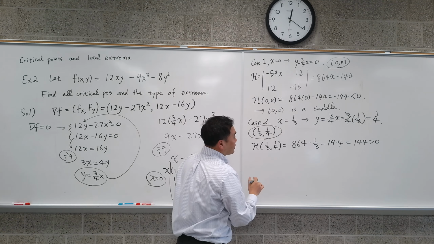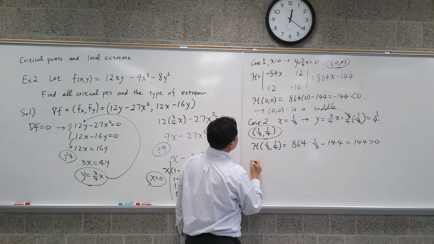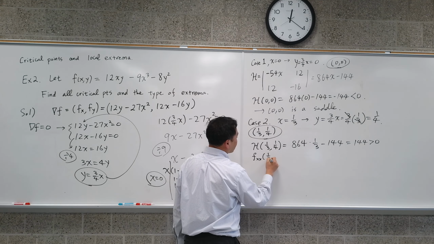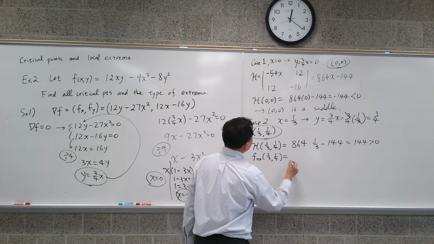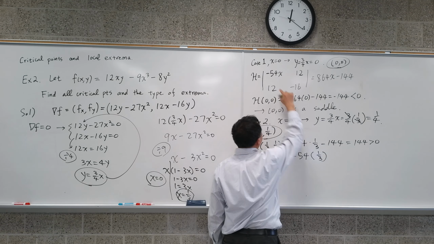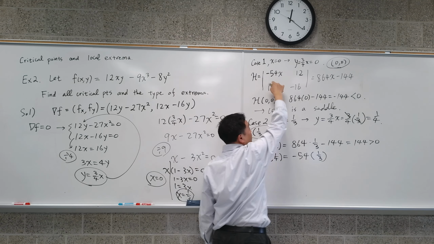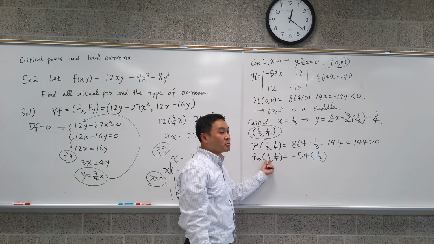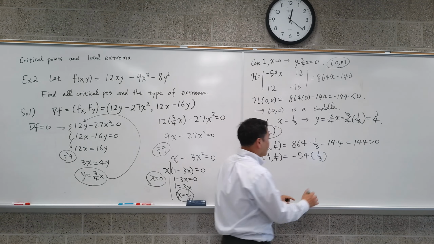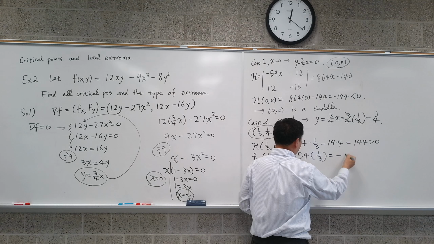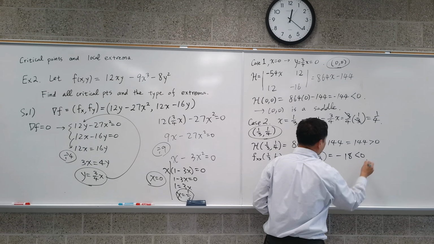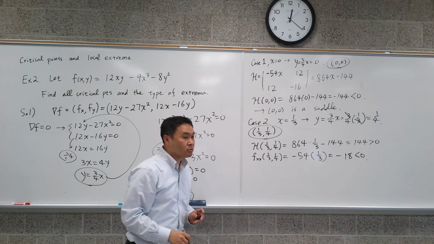All right, and then you can also see that fxx at 1/3, 1/4 is negative 54 of 1/3. See, this part is fxx, right? And then you have to plug in 1/3 into x and 1/4 into y. So when you plug in 1/3 into x, that's equal to negative 18, right? Which is negative. Okay, so what does that mean?